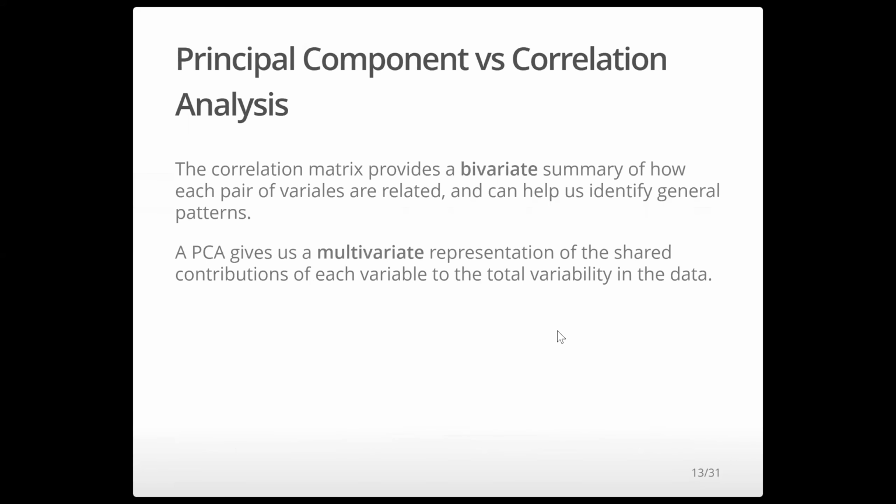So this gives us a sense of what the patterns of bivariate correlations are like in the data. What a PCA gives us is the multivariate representation of the shared contributions of each variable to the total variability in the data. So it's a better way of looking at how multiple variables that are all correlated with one another hang together.